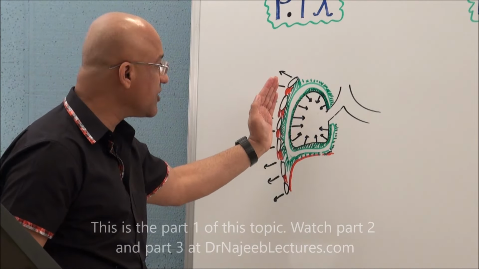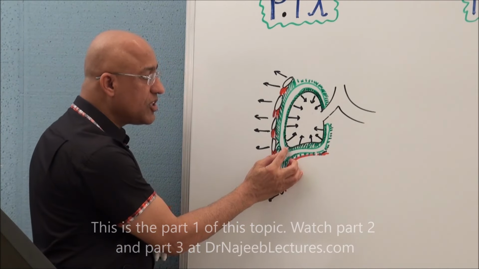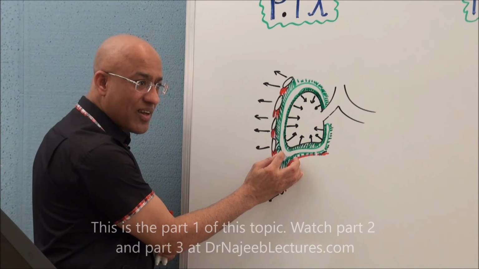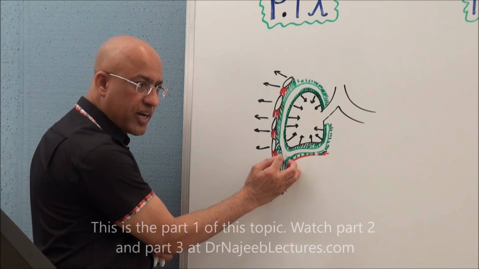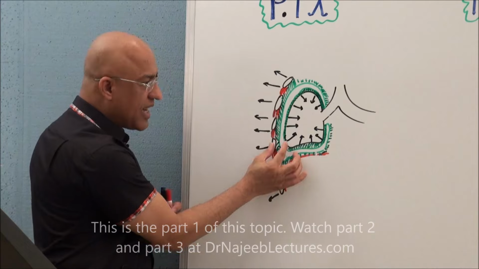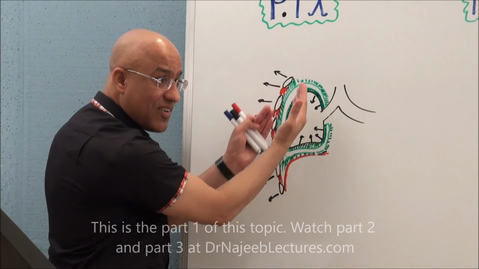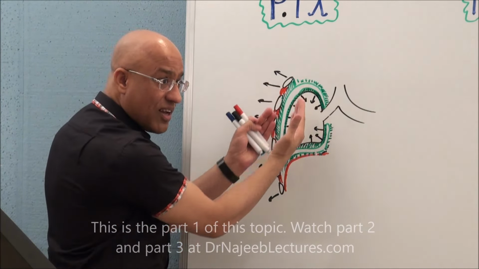But both the lungs and the chest wall are held together, due to stickiness of these two pleural layers. Visceral pleural layer and parietal pleural layer are sticky to each other. They can normally glide or slide on each other, right?